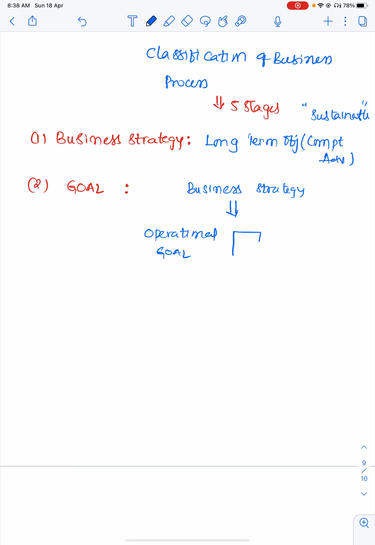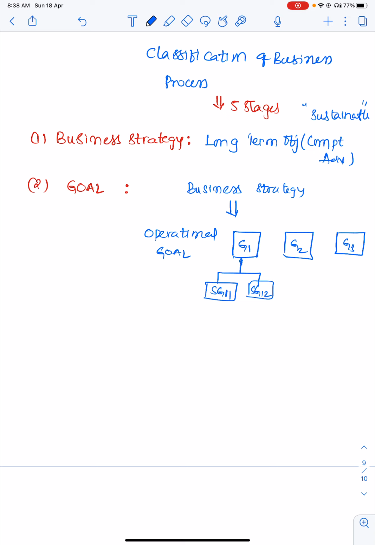Goal 1, goal 2, goal 3. And these goals can be subdivided into sub goals, like sub goal 1.1, sub goal 1.2, etc.